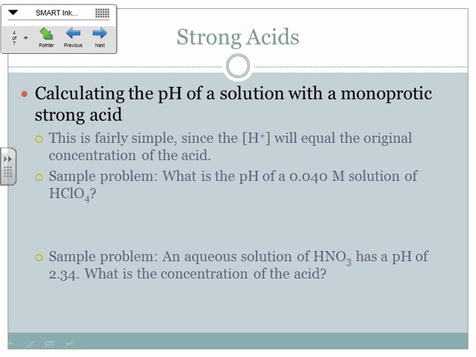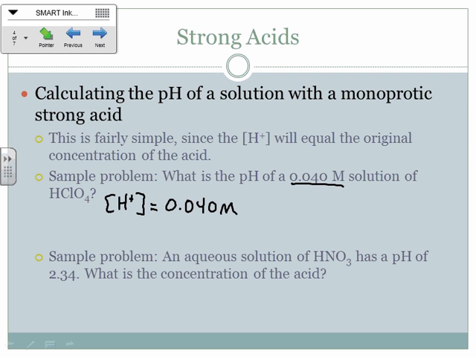But it's basically the same thing, right? Because what is the concentration of H+ in this solution? It's the same, right? Okay. So our H+ concentration here, because this is a strong acid, is 0.040 molar.